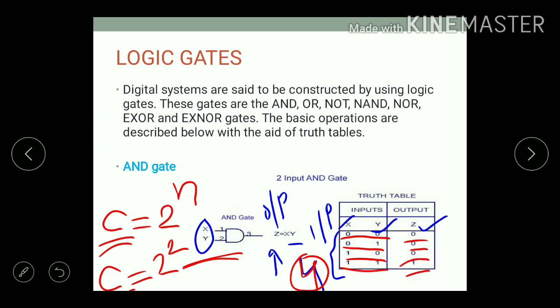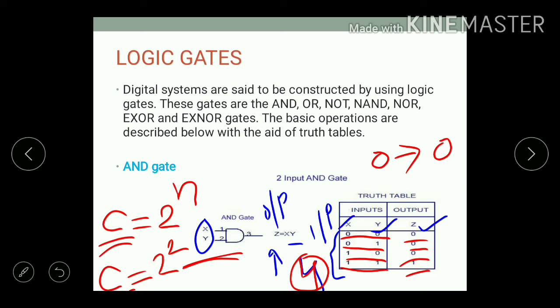So the AND operation means that if one input of an AND operation is permanently kept at low, that is 0 level, then the output is 0 irrespective of the other available input, because if we multiply any input by 0, the output will be 0.